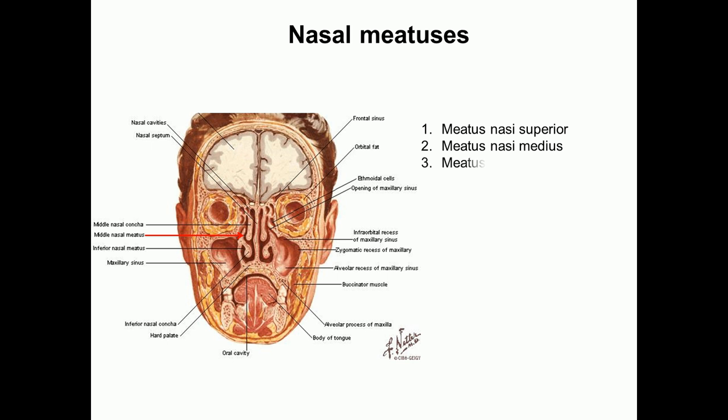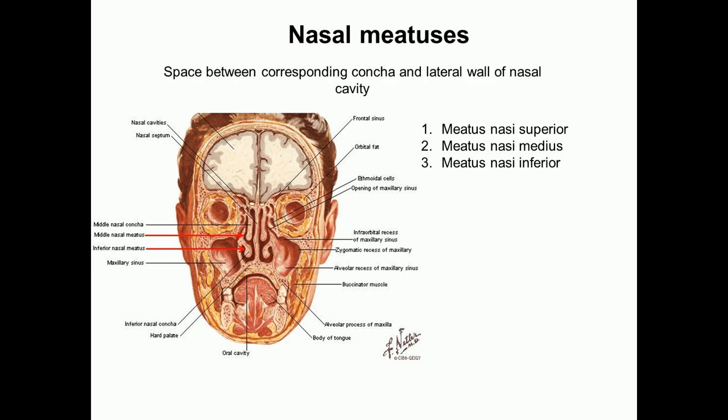And then meatus nasi inferior. I again use the red arrow. How can we explain what it is? Meatus nasi superior, medius, inferior. We can say that it's the space between the corresponding concha and the lateral wall of the nasal cavity.